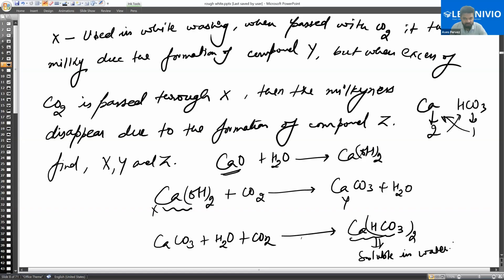Okay. Yes, sir. So let me try to find out if there is a video when we pass excess of carbon dioxide to lime water. So I will try to show you. Tell them in that. So the question came that why is the milkiness disappearing?